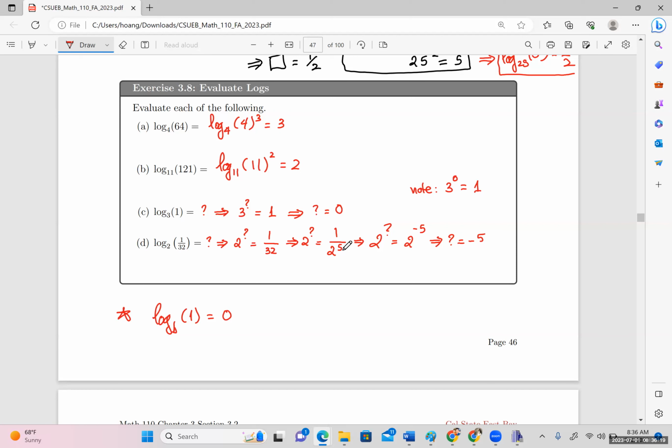However, how can I make this 1 divided by 2 raised to the power 5 equal to 2 raised to -5? Keep in mind that we have a rule in exponentials.